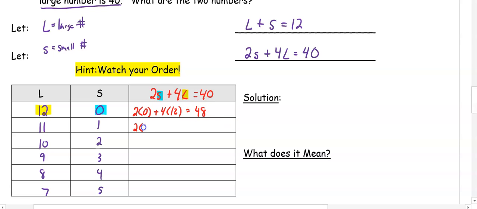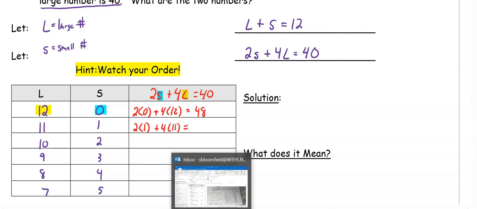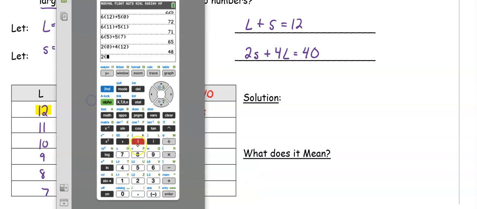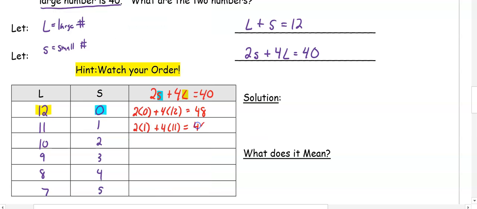Our next row, 2 times 1 plus 4 times 11, is going to get us 46. If I notice they're going down by 2s, I can just continue that pattern: 44, 42, 40, and 38.